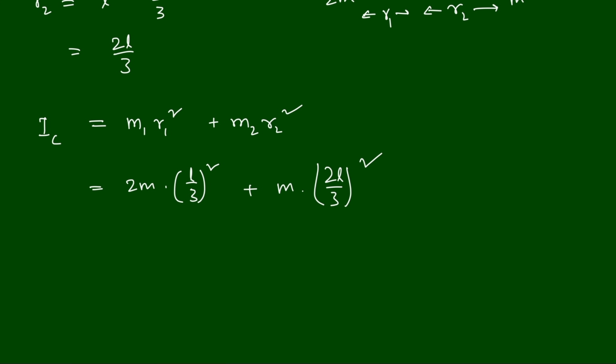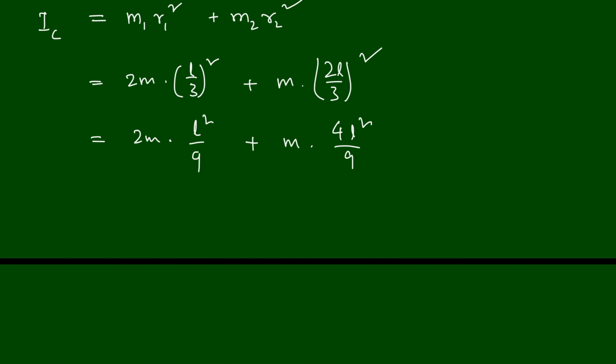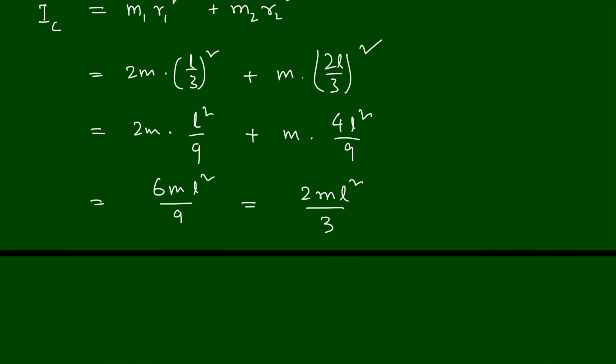Then you will get 2m into L square by 9 plus m into 4L square by 9. If you add them, you will get 6mL square by 9, that is nothing but 2mL square by 3. So the moment of inertia about the center of mass is 2mL square by 3.